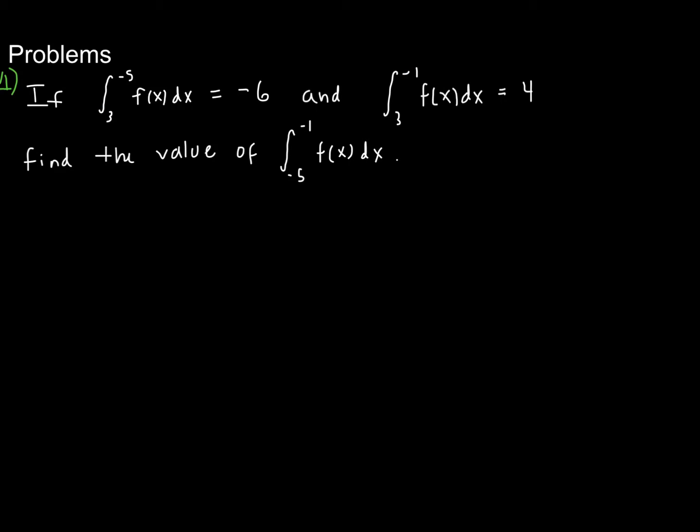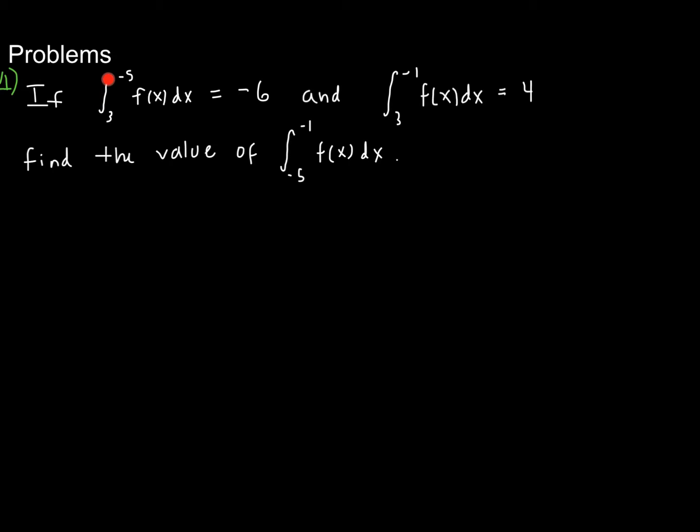The only problem is that -5 is the upper limit here, and we want it to be the lower limit of the integral we're evaluating. So we need to rewrite this integral so that it goes from -5 to 3. And of course we can do that because if we reverse the interval, we just have to multiply by a negative.